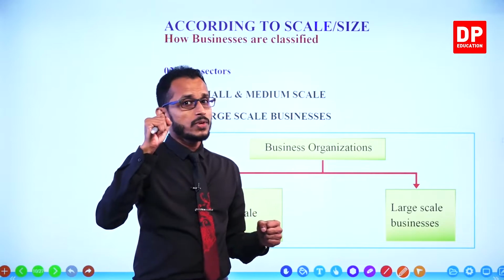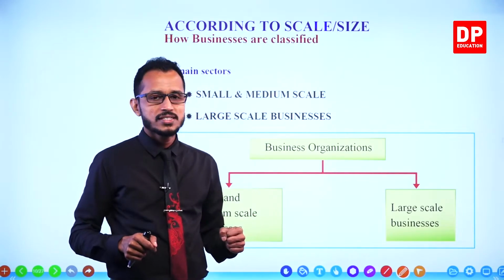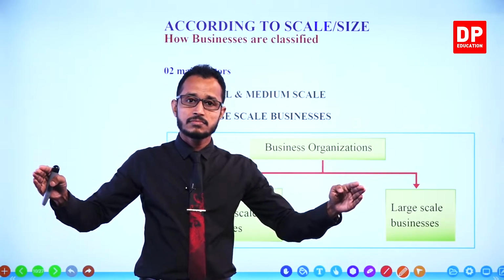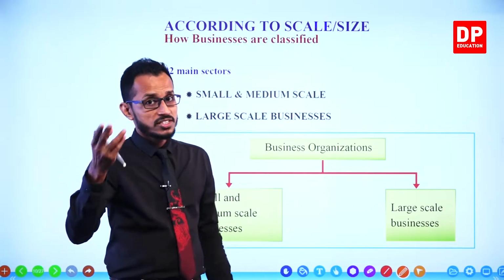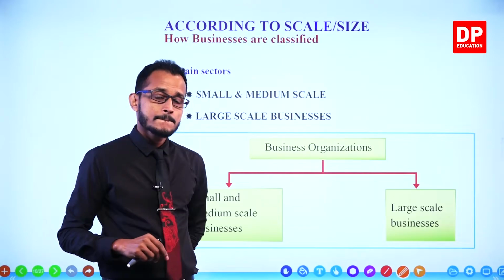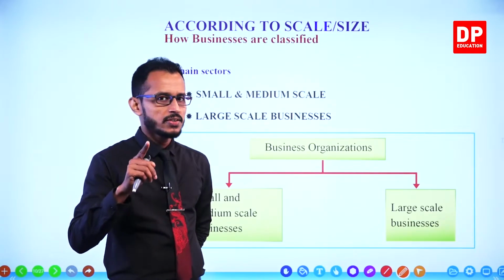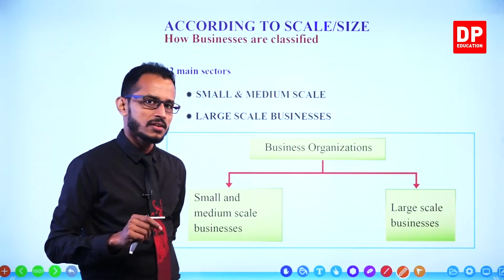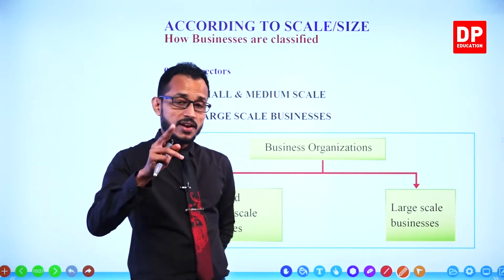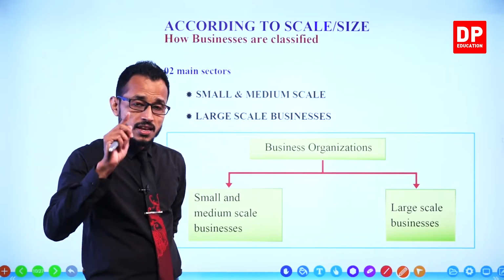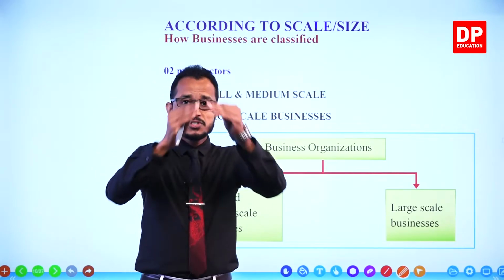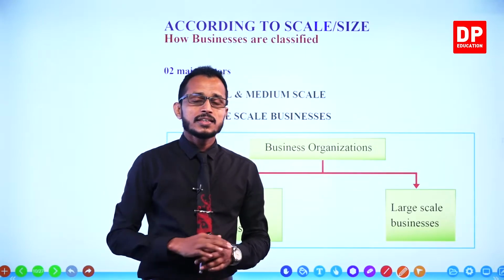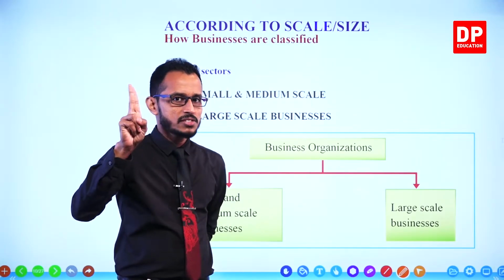So we learned about different types of organizations, and we learned how business organizations are divided using different criteria. How many criteria did we learn to divide business organizations? Yes, we learned about 2 criteria.